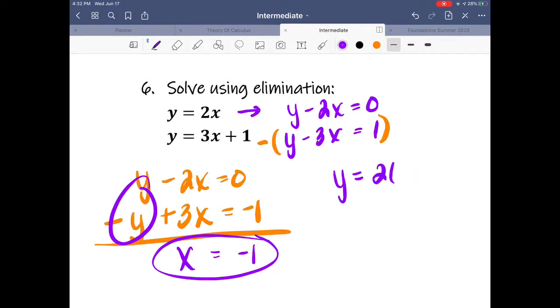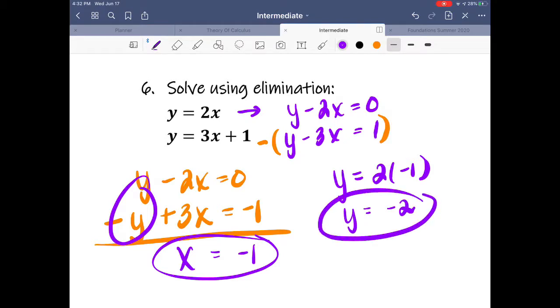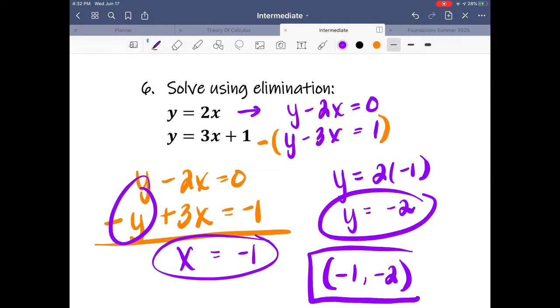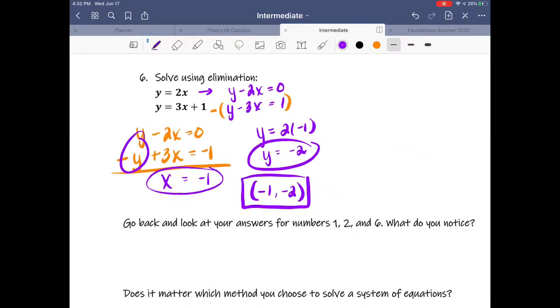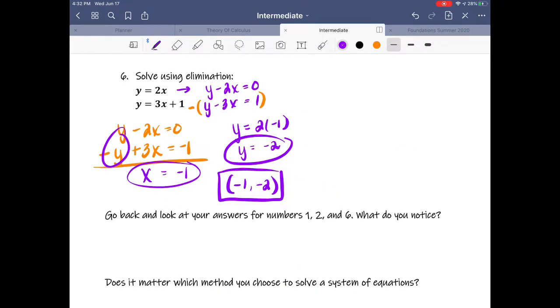Now I can use that in either one of my equations to sub it back in. And we have our solution. Negative 1, negative 2. It says go back and look at your answers for numbers 1, 2, and 6.